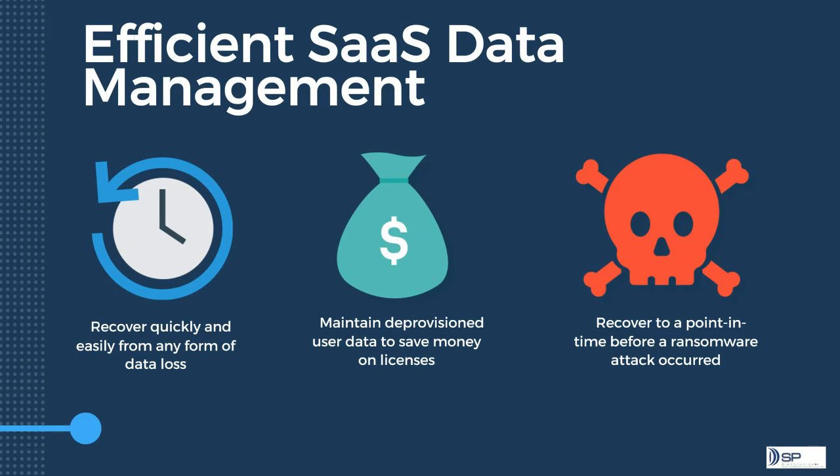And obviously, as you deprovision users and take them out of your Office 365 environment, you can actually release them 100% from the Office 365 environment and store their data as an archive, and still be able to get access as easily as using Outlook to get those files or get into those emails.